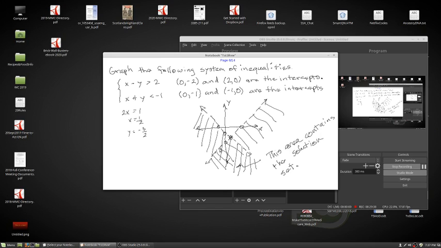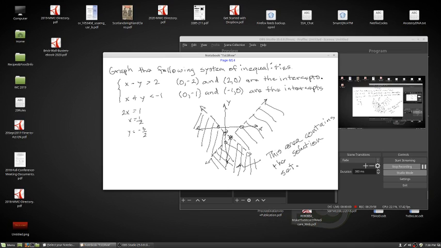So that's this line here. This is 0, negative 2. This is 2, 0. They're both strict inequalities, so that's why I've got the hollow dots and the dashed line. And it turns out that's our boundary. We need to decide which side of it works for this first inequality.